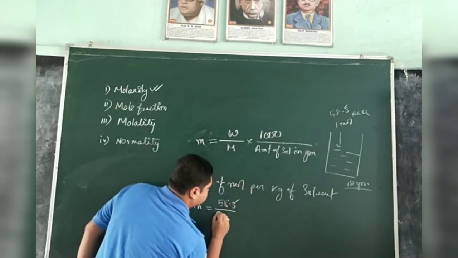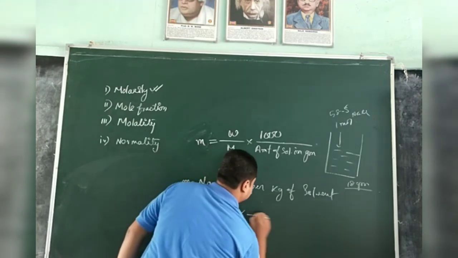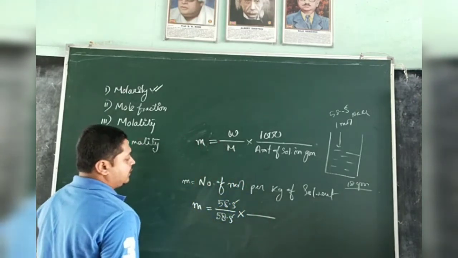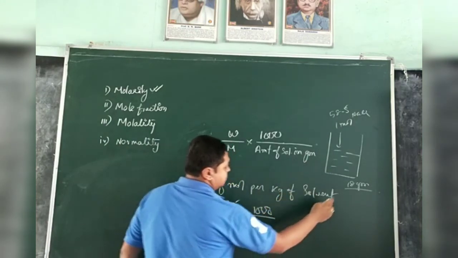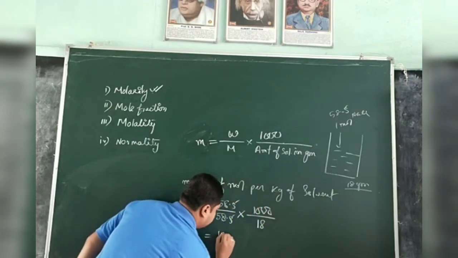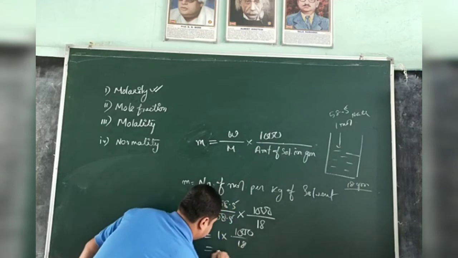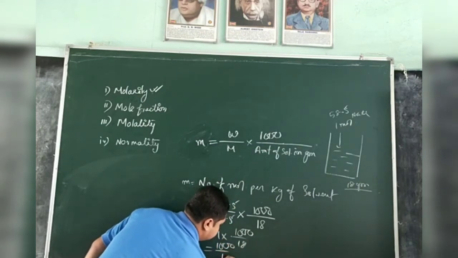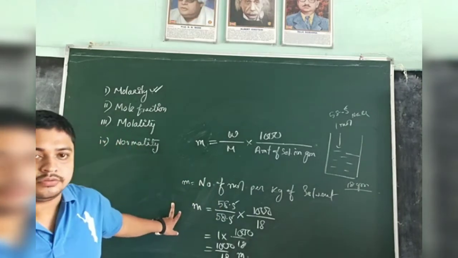Molecular mass of the solute is 58.5 gram. Then 1000 divided by the amount of solvent in gram, which is 18. So 1 into 1000 divided by 18. So 1000 divided by 18 is the molality of the solution.